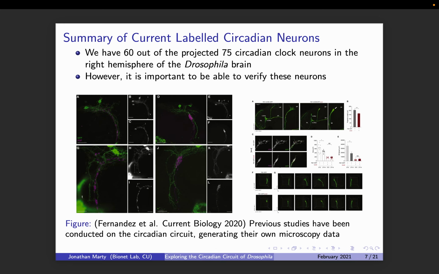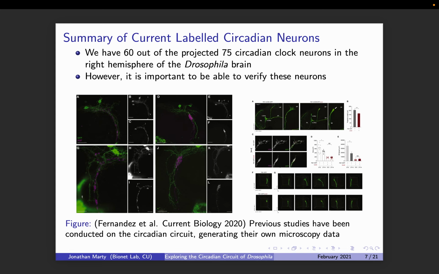However, the HemiBrain dataset only contains the connectivity and morphology data from our neurons, and we're interested in function. And that's been studied in other research done by a number of biologists.